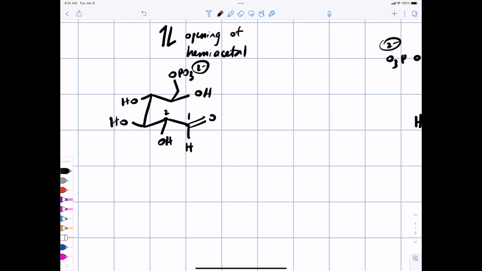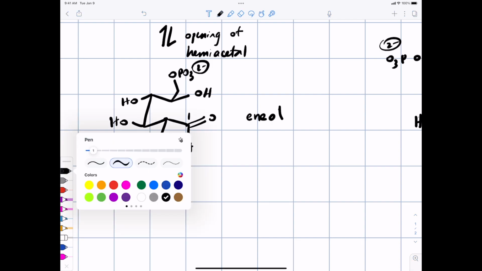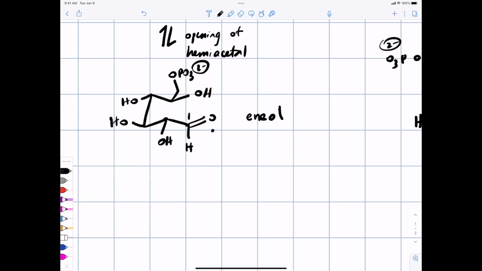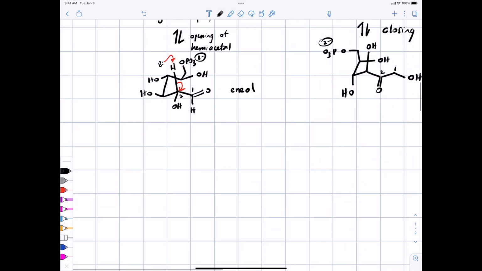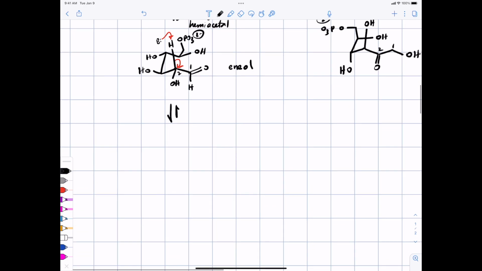It was an enol, right? And you get that by removing an alpha proton first. Or rather, this is one of the ways you can do it. Remove the alpha proton first to get an enolate.